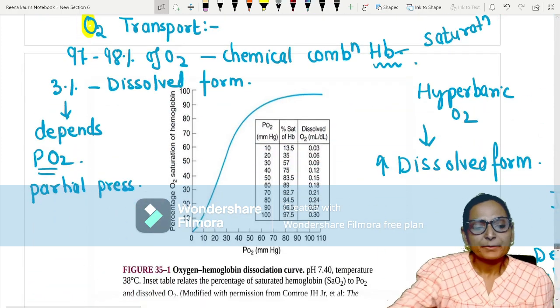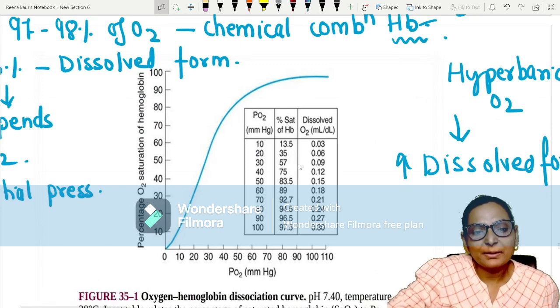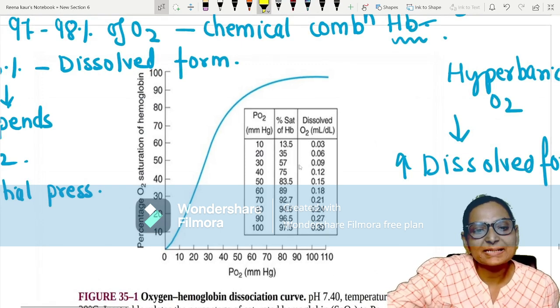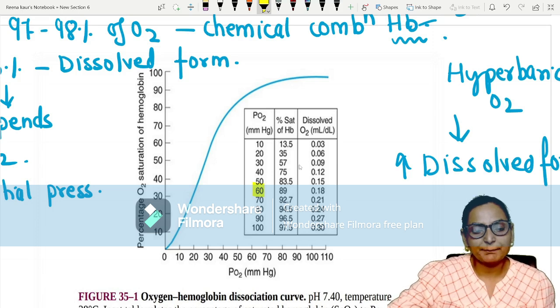Now, this table is very important. When the partial pressure of oxygen is 60, the person's saturation is 90%.